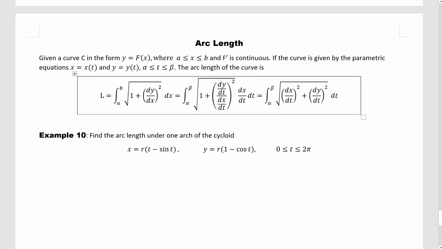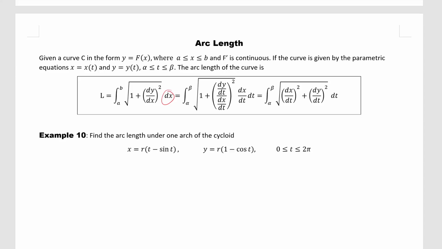Okay, so arc length, remember we have 1 plus dy/dx squared, but you can think of dy/dx as dy/dt over dx/dt. And then what happened? You can split this as dx/dt squared over dy/dt squared over dx/dt squared.